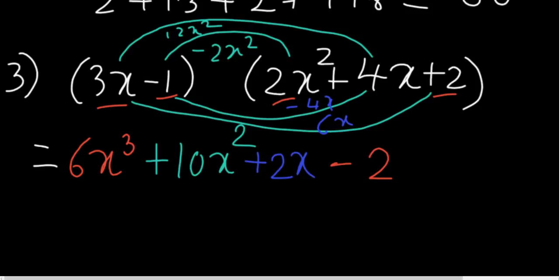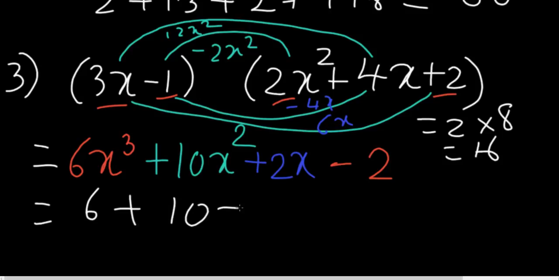Now let's check by substituting 1. 3 times 1 is 3, minus 1 is 2, times 2 plus 4 is 6, 6 plus 2 is 8. So 2 times 8 is 16. And here 6 plus 10 plus 2 minus 2. So 6 plus 10 is 16, and positive 2, negative 2 will be 0.